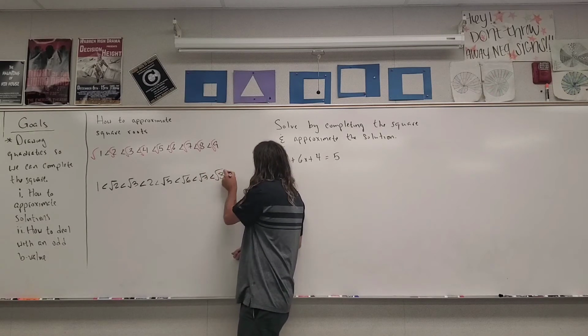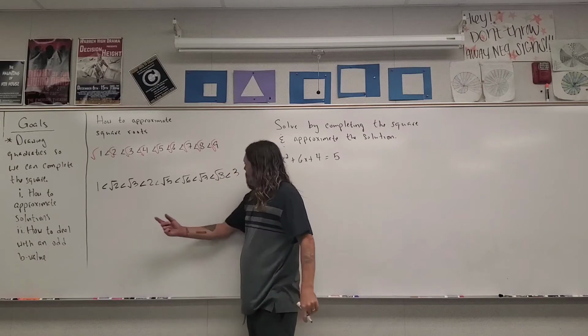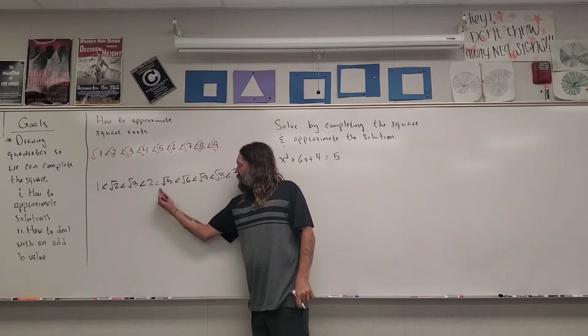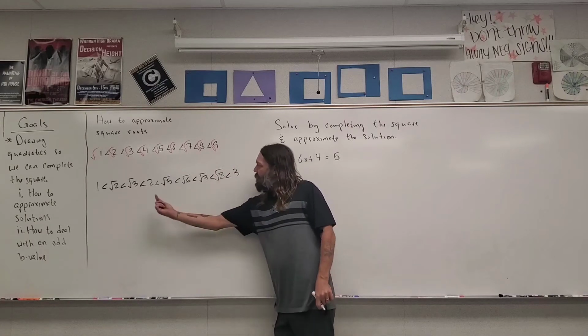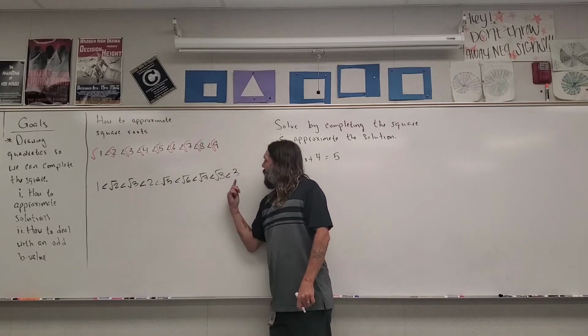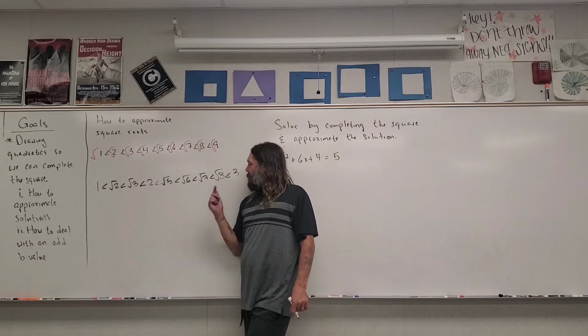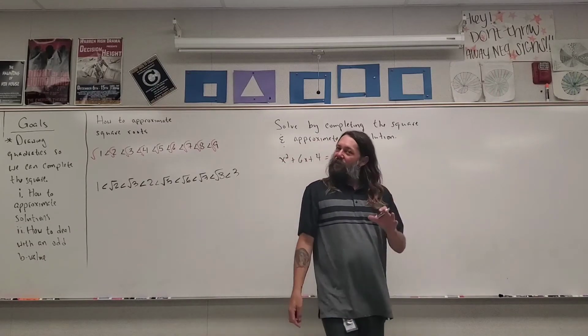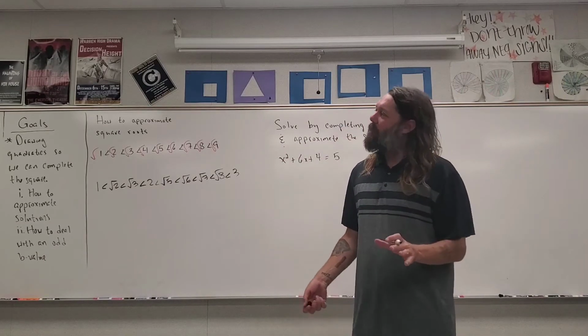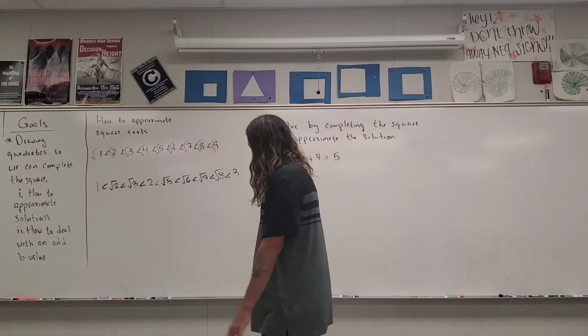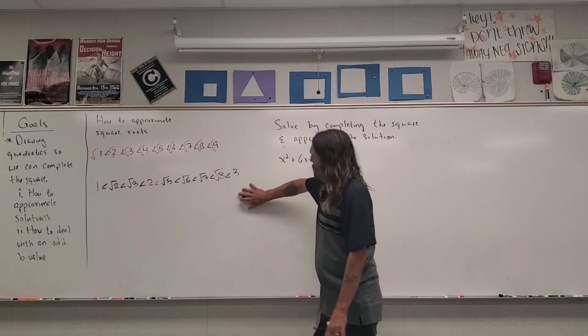I do know the square root of 9, and that is 3. So what this means is the approximation of any of these square roots must fall between the values of 2 and 3. So you could say this is 2.3, 2.4, 2.5, 2.6. There's no such thing as an exact approximation. As long as you're within a certain set of values, you should be okay.